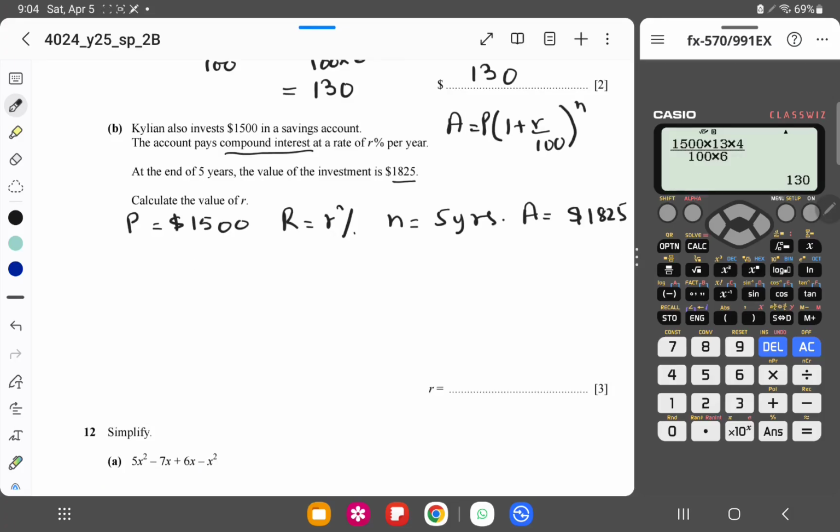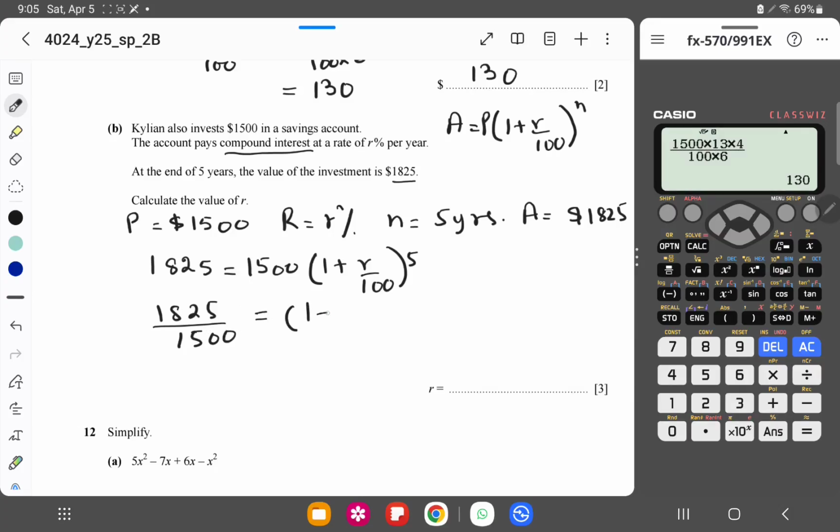So amount is equal to P times 1 plus R over 100 to the power N. So 1825 equals 1500 times 1 plus R over 100 to the power 5. 1825 upon 1500 is equal to 1 plus R over 100 to the power 5. So just find 1825 upon 1500, which is equal to 73 over 60.